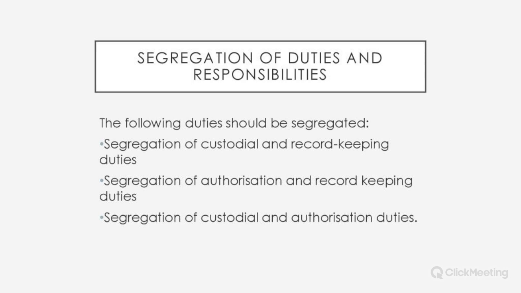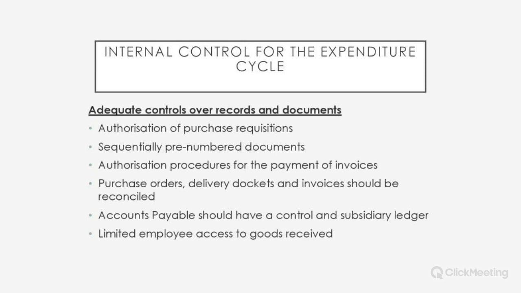The following duties should be segregated in the expenditure cycle: segregation of custody and record keeping, segregation of authorization and record keeping, and custody and authorization duties should be separated. Adequate controls over records and documents, that is, authorization of purchase requisitions, should be in place. Again, sequentially pre-numbered documents, that is, if a payment is made through checks or EFTs or any other way, then those records are pre-numbered and they should run in a sequence.